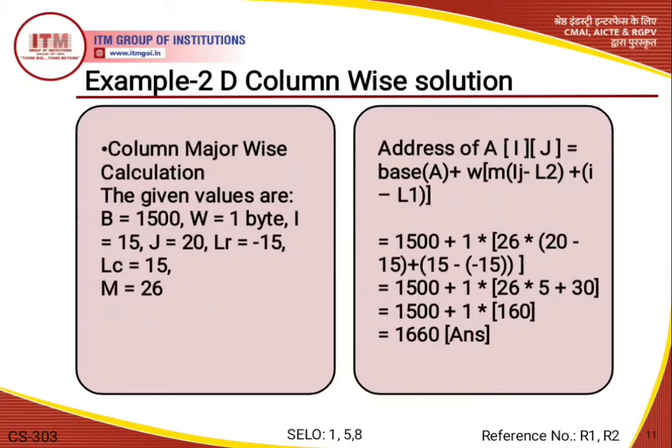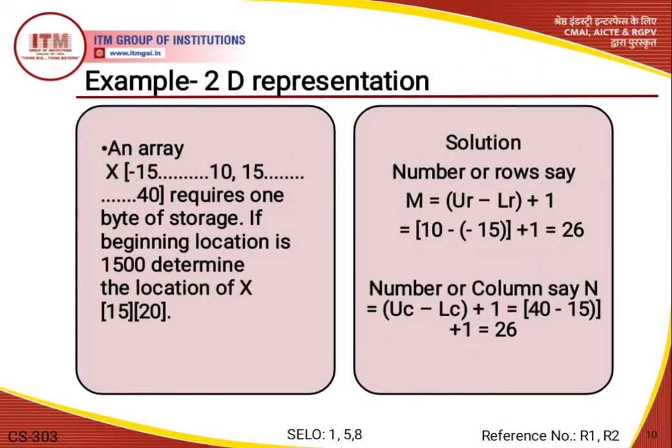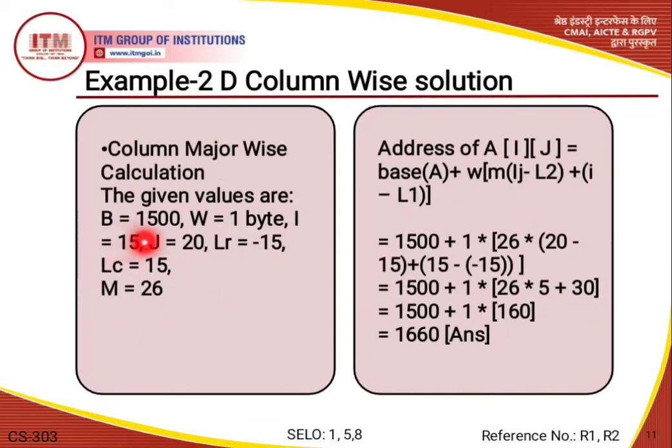So the word value is 1 byte, and the values of i and j, meaning row and column, on which we have to perform the address calculation, are given in the form of 1520. So here i is equal to 15 and j is equal to 20.